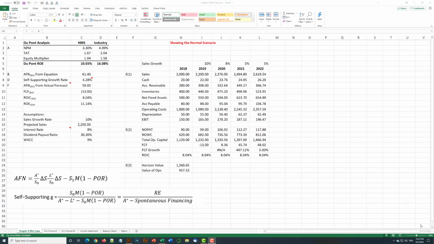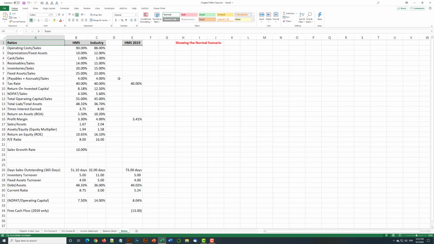Okay, what you see here is the spreadsheet that I've put together for the mini case in Chapter 9. And I'm not going to spend a lot of time on this because we went through all of this in the lecture. But up here at the top, you can see we have the DuPont analysis that they asked us to do when we were looking at the ratios. And speaking of the ratios, they are in the worksheet called Ratios, naturally. And this is just mainly the data that was given to us. There may be a few calculations in here.